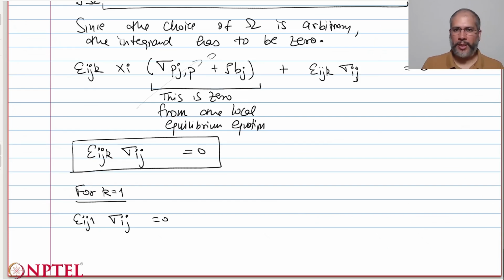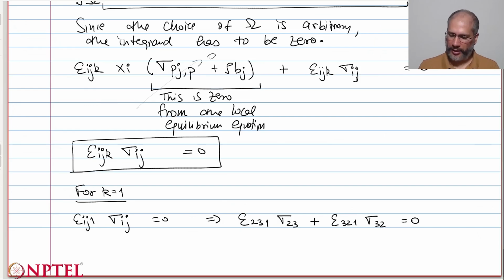Now there is a sum over i and j, but we can easily see that if i or j are equal to 1, this whole thing vanishes. So if you expand the sum and just keep the non-zero terms, this basically would mean that epsilon 231 times sigma 23 plus epsilon 321 times sigma 32 is equal to 0.